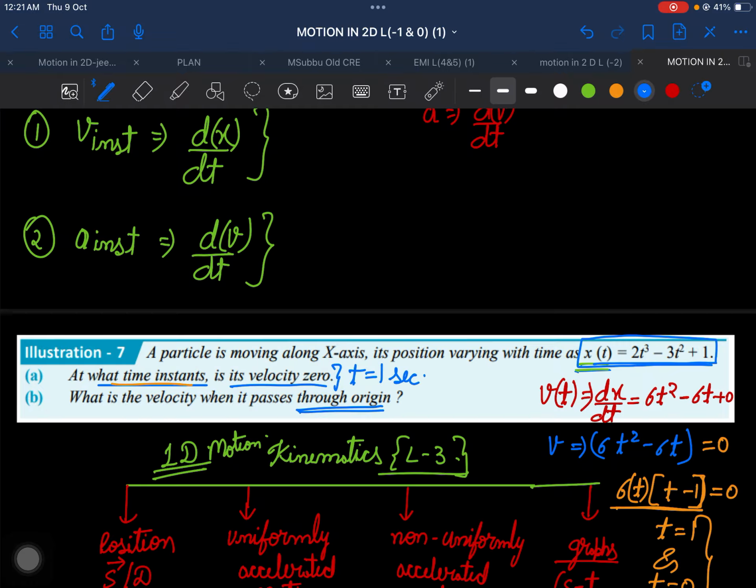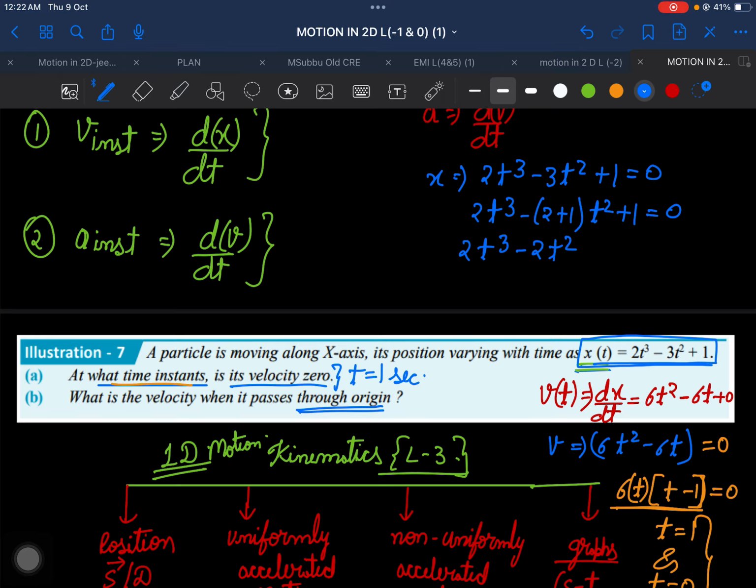Here your x is 2t cube minus 3t square plus 1 is equal to 0. Next step we factorize: 2t cube minus 2 plus 1 t square plus 1 is equal to 0. You can take 2t common: 2t cube minus 2t square, and minus t square plus 1 is equal to 0. Is that okay for you?